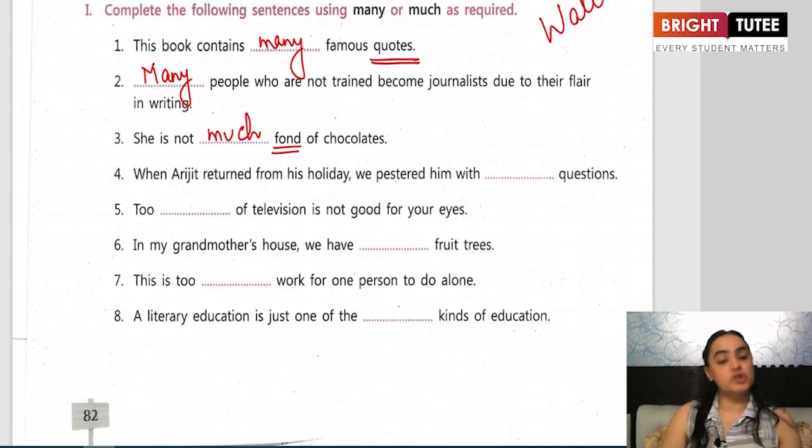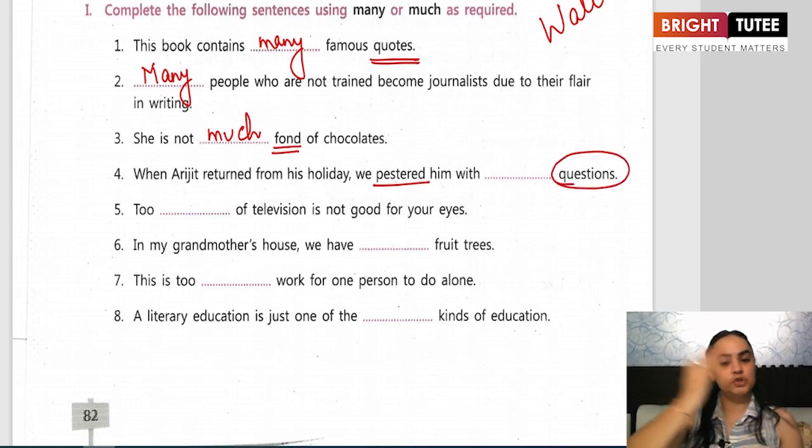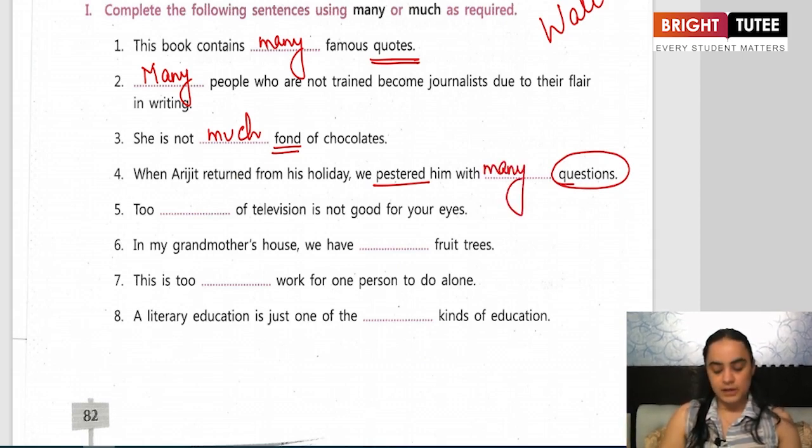She's not much fond of chocolates. When Arijit returned from his holiday, we pestered him with dash questions. Pestered means trouble. Questions I am talking about. Singular question, plural questions. So the plural is available, therefore I say many.